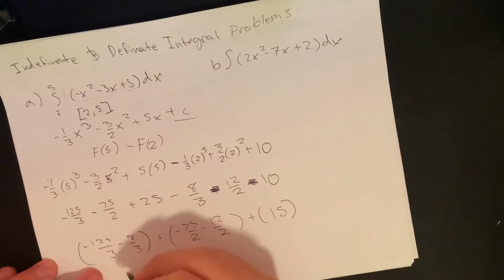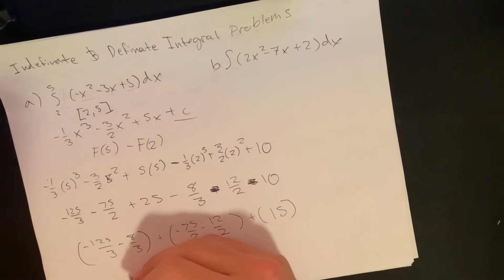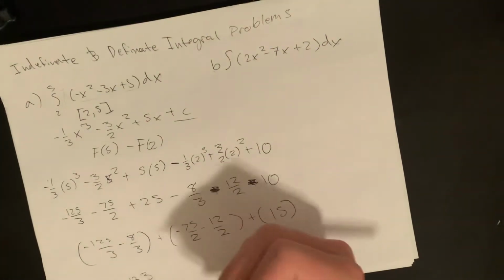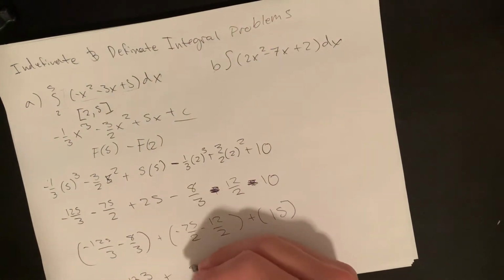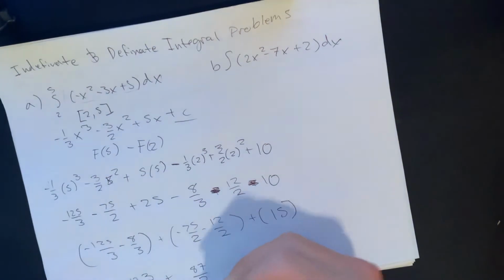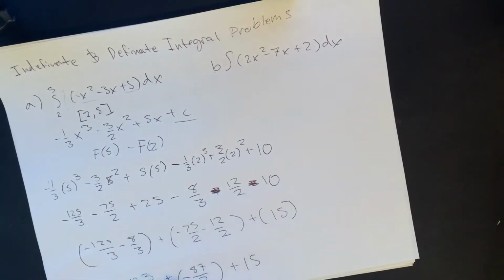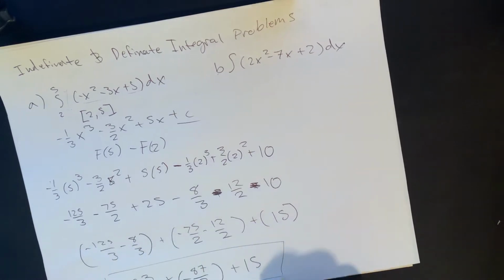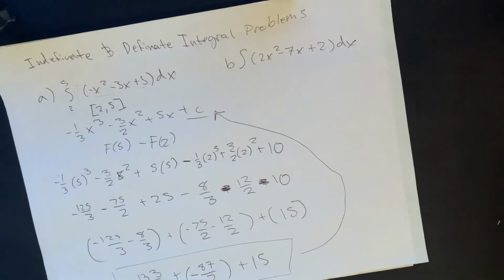And then we'll simplify this down to negative 133 over 3 plus, then over here we got negative 87 over 2 plus 15. I'll simplify this on my calculator, but this will be plugged back into that to get that number.